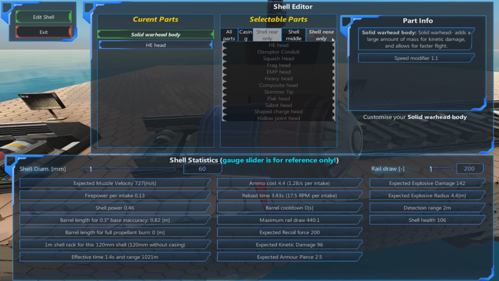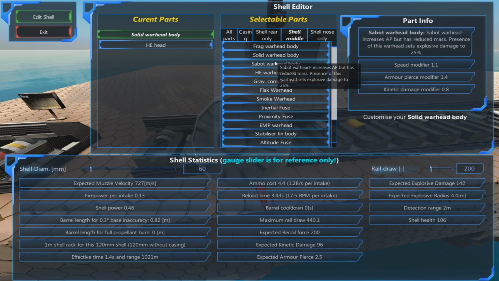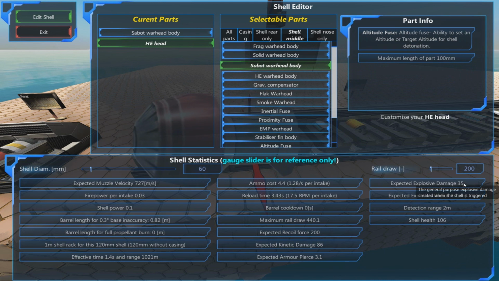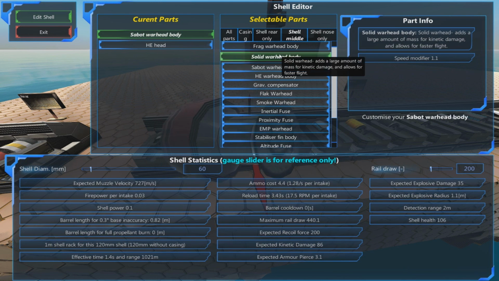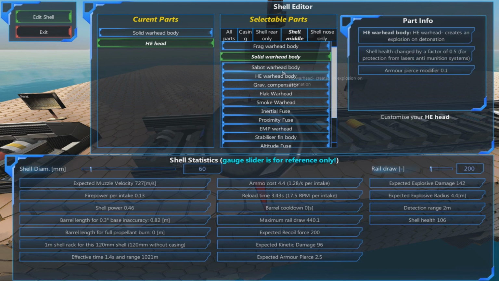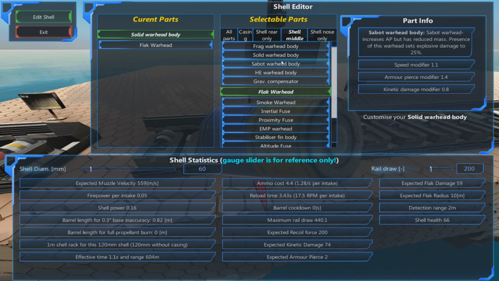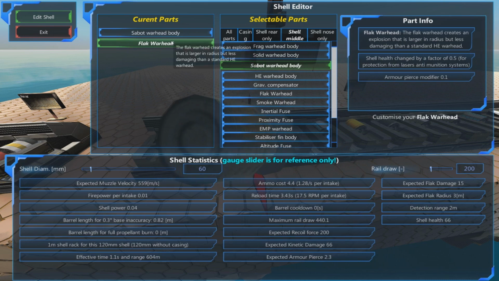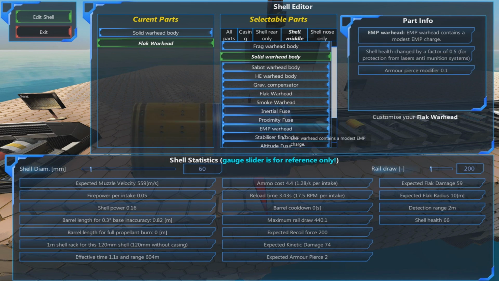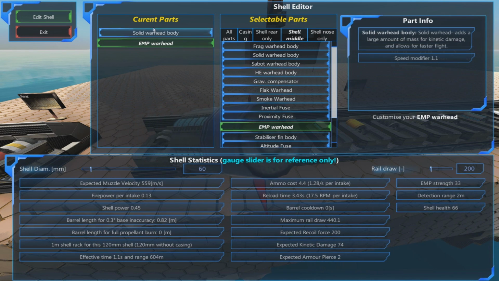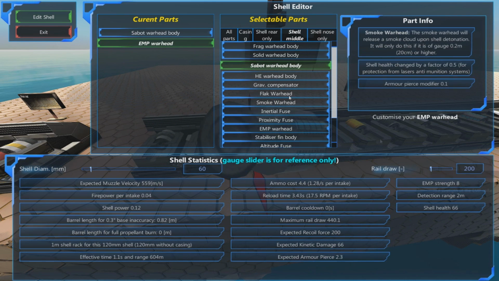Explosive damage 142. We stick a Sabot warhead on here right now. Whoopsie daisy, it's now at 35. And let's go back to solid and stick a Flak warhead, 59 flak damage, and Sabot warhead, whoopsie, 15. And back to solid, and EMP is at 33, and Sabot warhead is, whoops, 8.